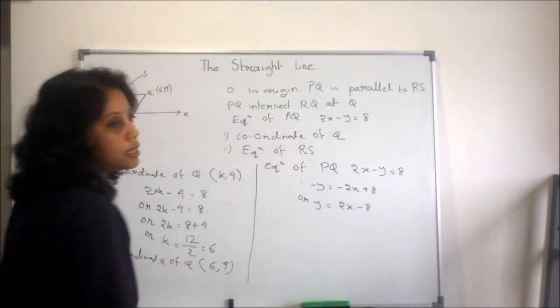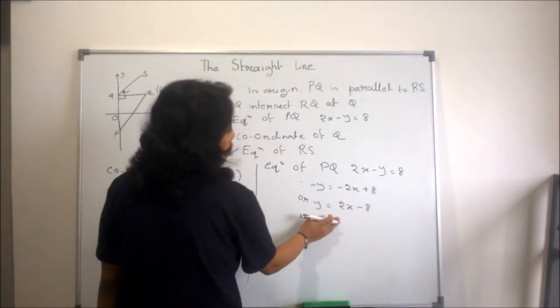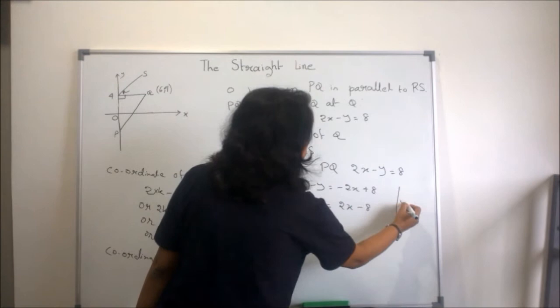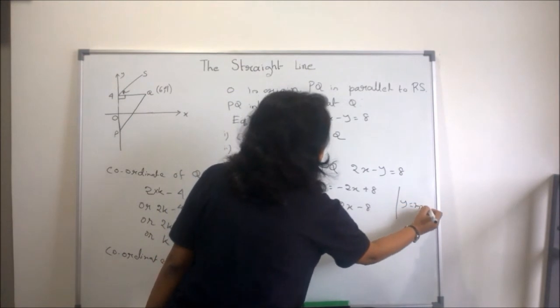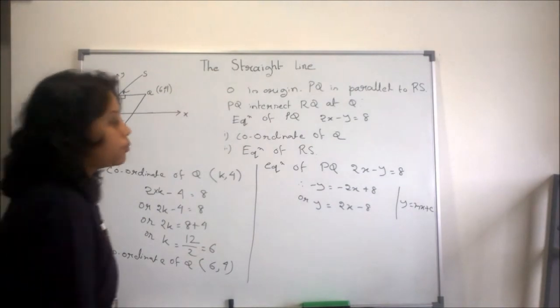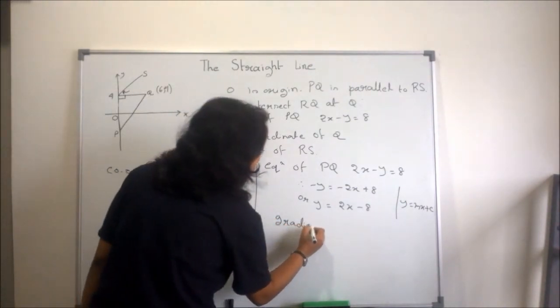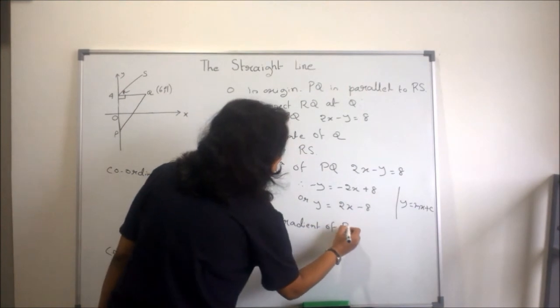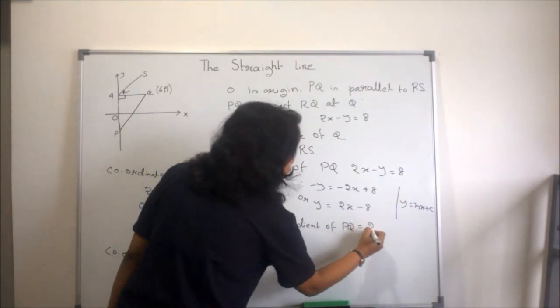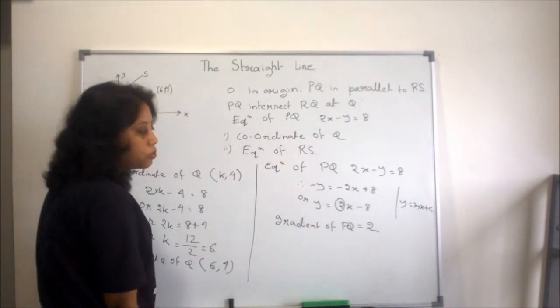Now this is in the form y is equal to mx plus c. So from here we can say the gradient of PQ is 2.